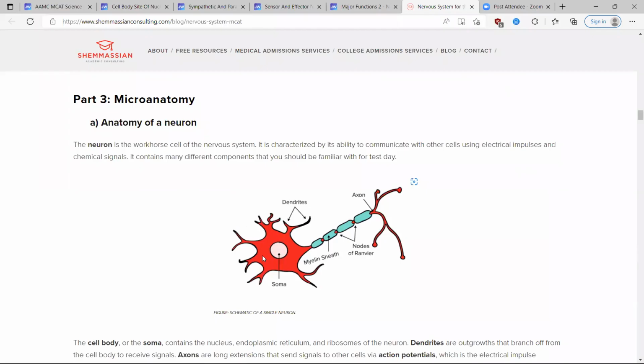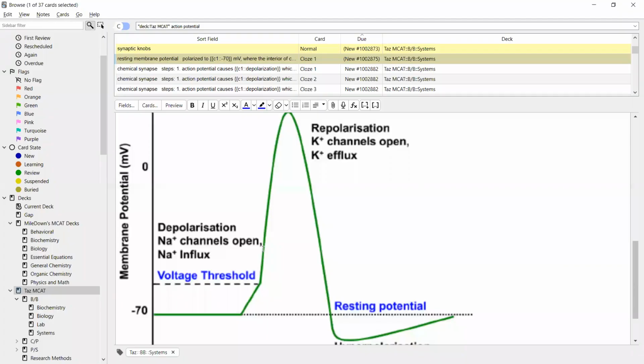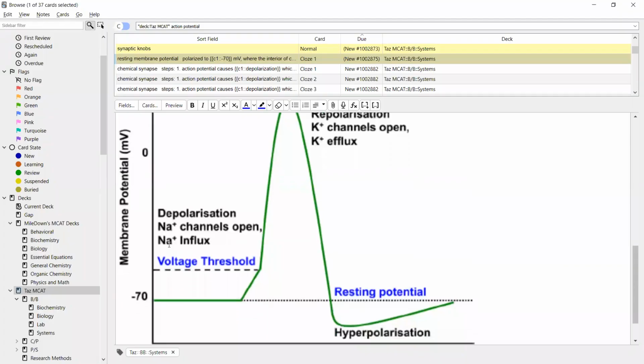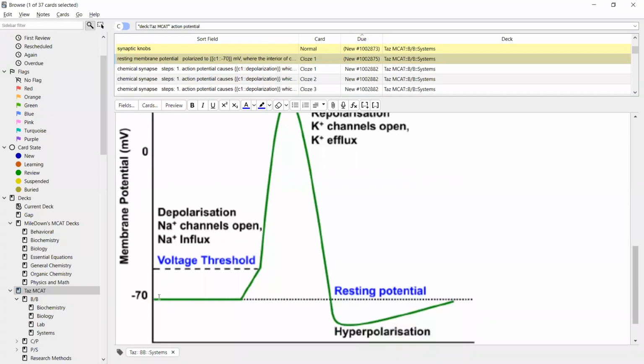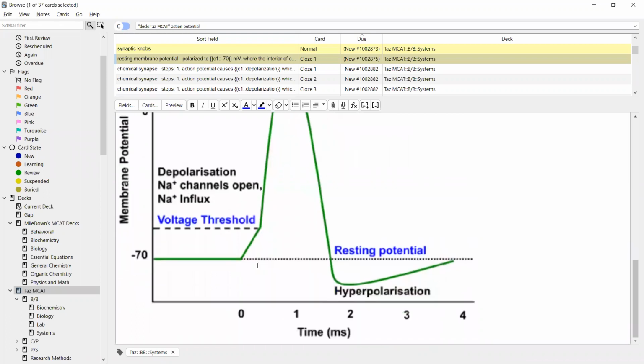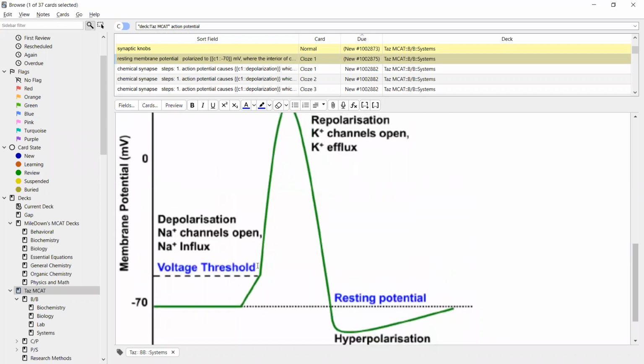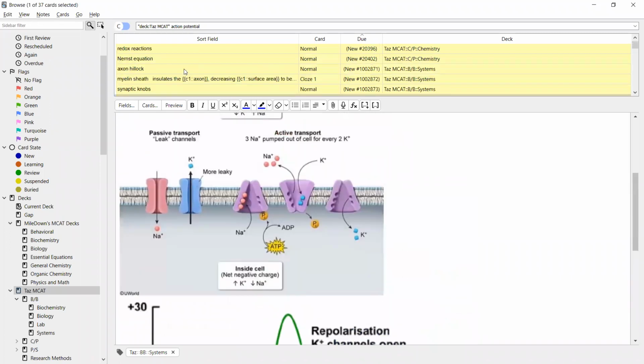So when the sodium is allowed into the cell, it increases the voltage in the cell. So what's happening here is that once enough sodium comes into the cell, it triggers what's called voltage threshold or threshold potential. So how does that work?